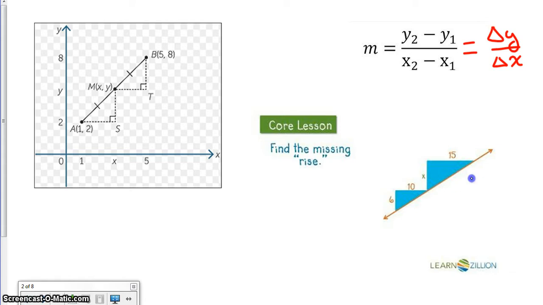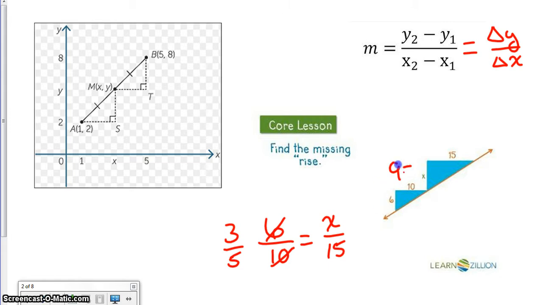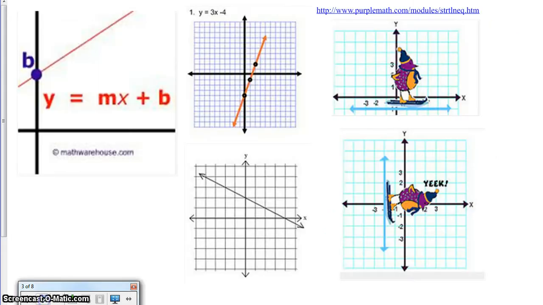So in this case, if you had to find the missing rise, you would compare 6 divided by 10 is equal to x divided by 15. Okay, and then you could solve this proportionally, or you could simplify this to know that the slope would be 3/5. If the slope is 3/5, then the missing rise has to be, that's right, 9.